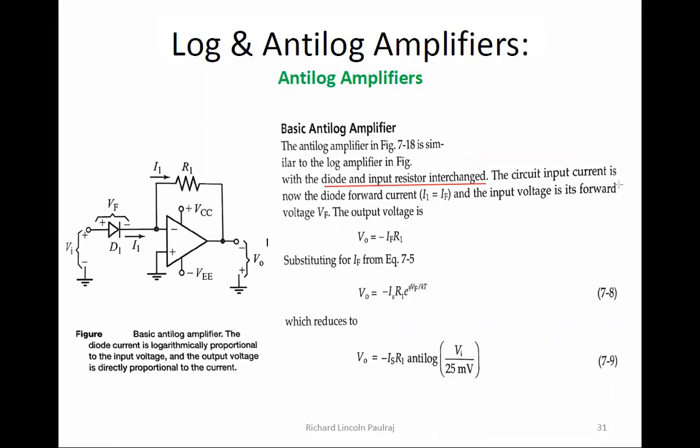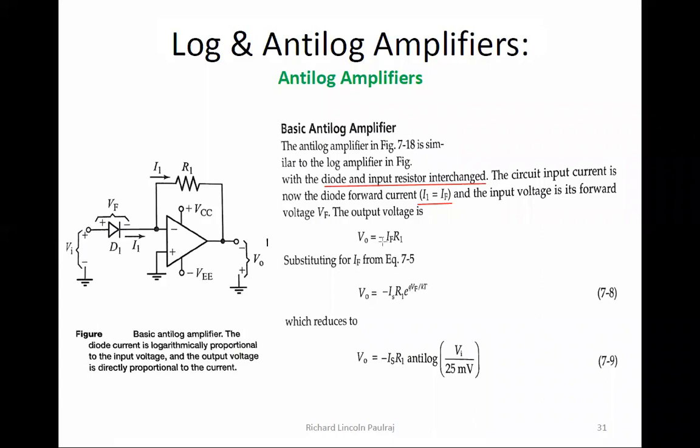So the circuit input current is now the diode forward current, which means I1 is equal to IF. Input current I1 is equal to the forward current associated with the diode D1, and the input voltage is its forward voltage VF. So V1 is equal to VF.